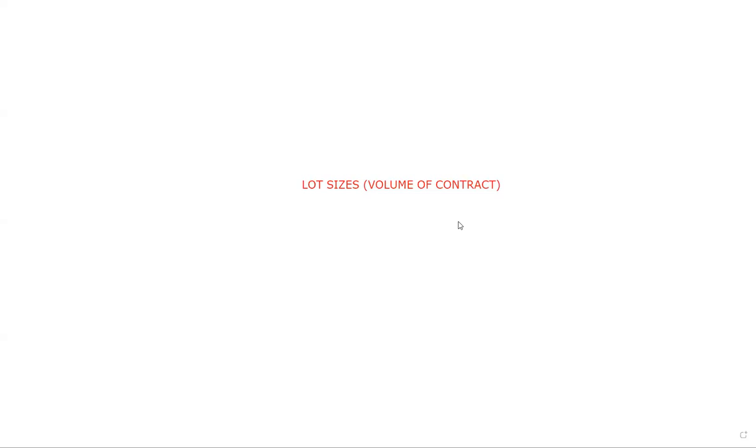Now, with a standard account, the minimum lot size that you can get begins with 0.01. That is the minimum or the least lot size you can use on a standard account.